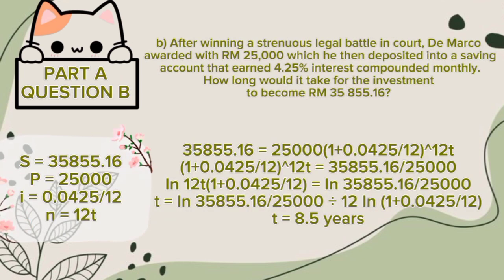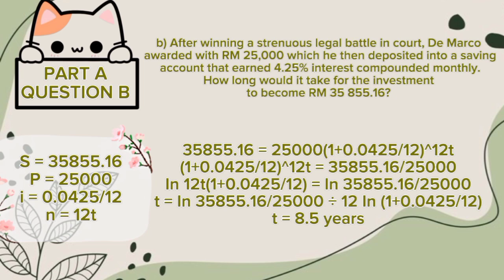38,862.44 cents. After winning a strenuous legal battle in court, DeMarco was awarded 25,000, which he then deposited into a savings account that earned 4.25% interest compounded monthly. How long will it take for the investment to become 35,855.16?